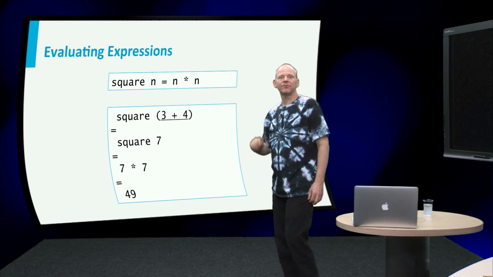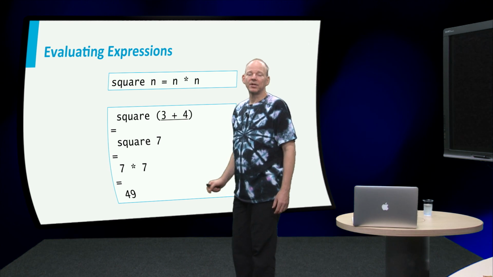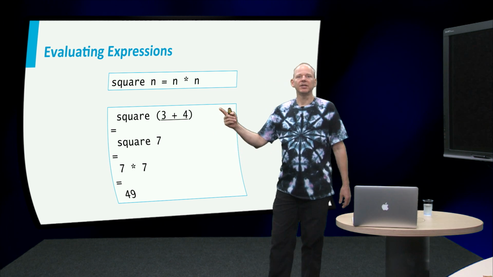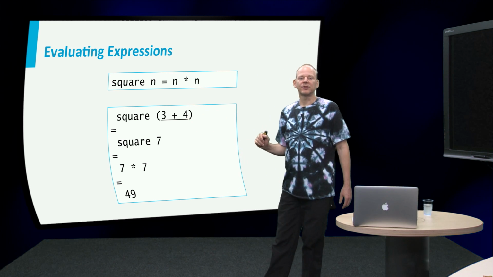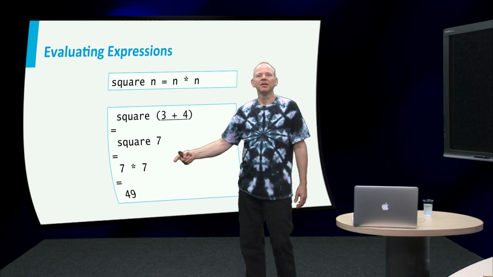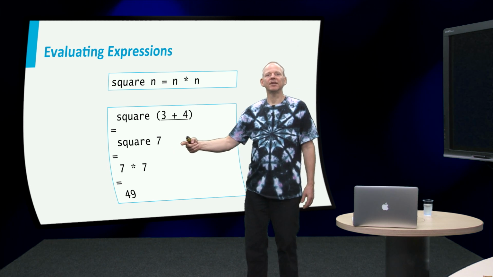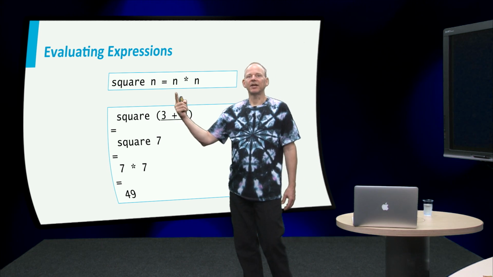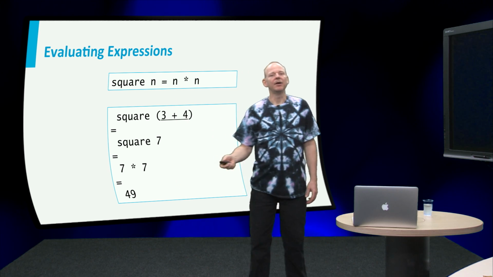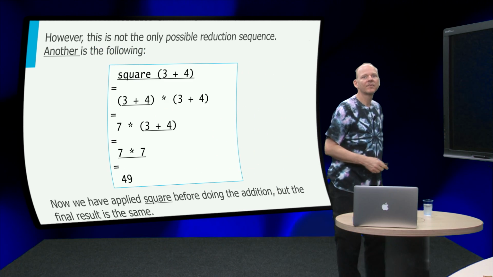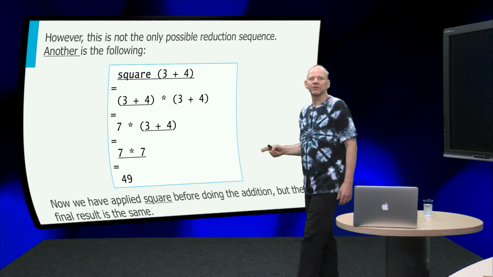So let's look at the first strategy. We first evaluate 3 plus 4 to give us 7. Then we substitute the definition of square, so n equals 7, so we get 7 times 7, and we get 49. Now let's do it the other way around.